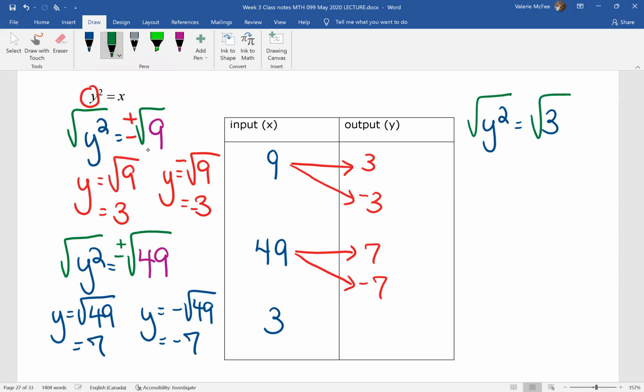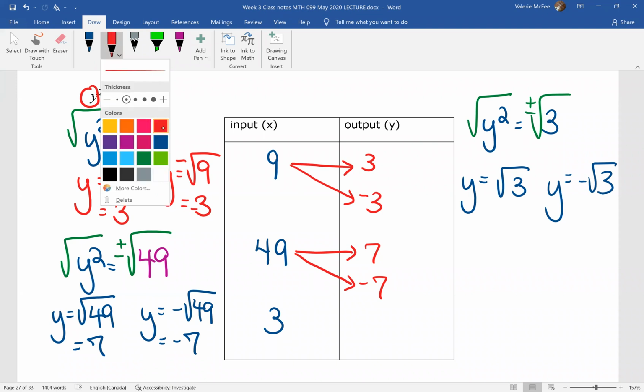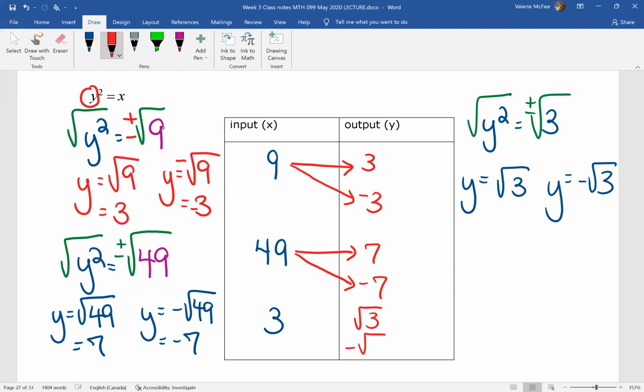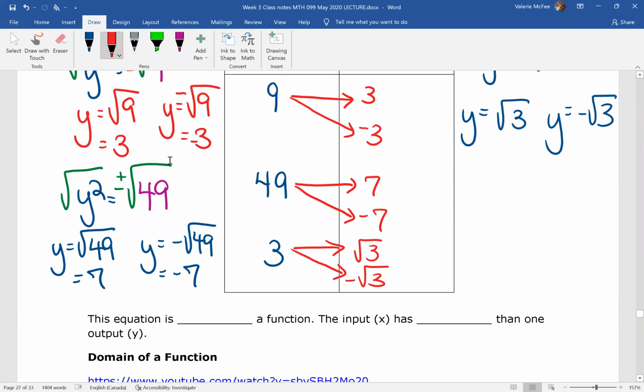We still need to find the positive and negative root. Y could be the positive square root of 3 or the negative square root of 3. This equation is not a function. The input, our x value, has more than one output, more than one y value.